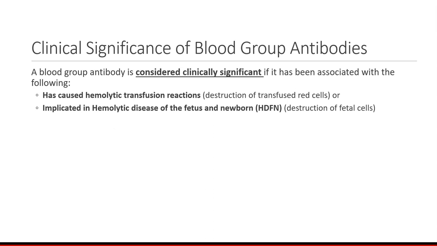A blood group antibody is considered clinically significant if it has been associated with the following. It has caused hemolytic transfusion reactions, which is the destruction of transfused red cells, or it has been implicated in hemolytic disease of the fetus and newborn, which is the destruction of fetal cells the mother has formed antibodies against.